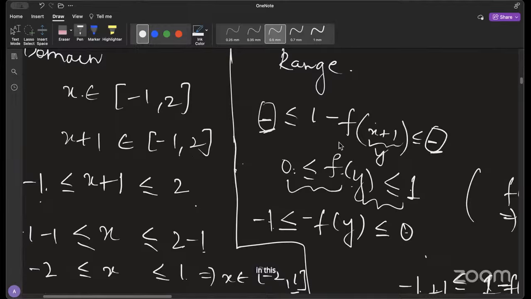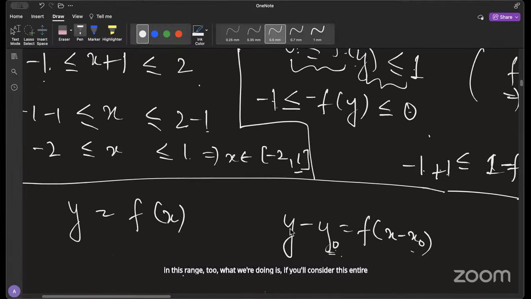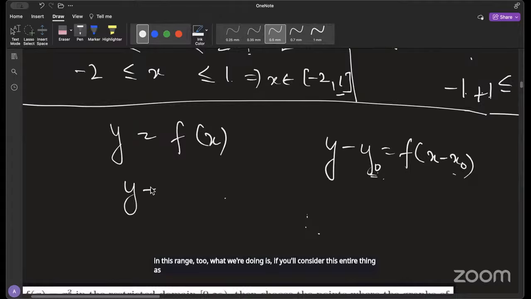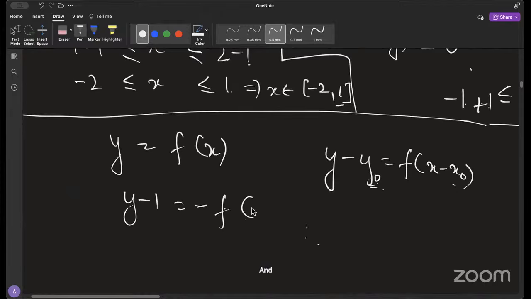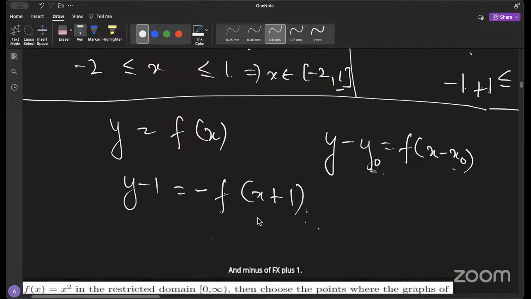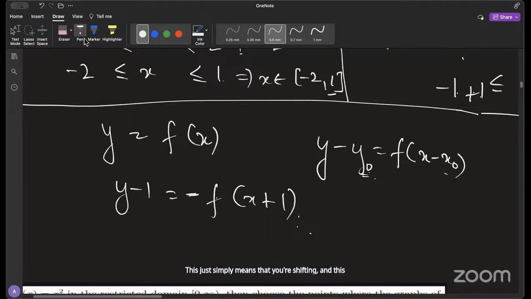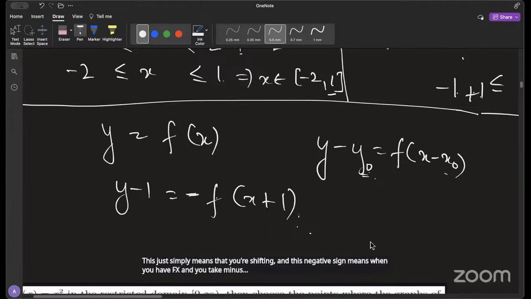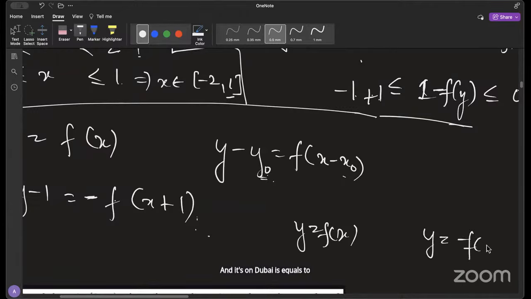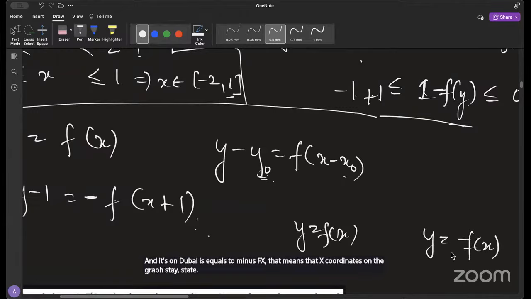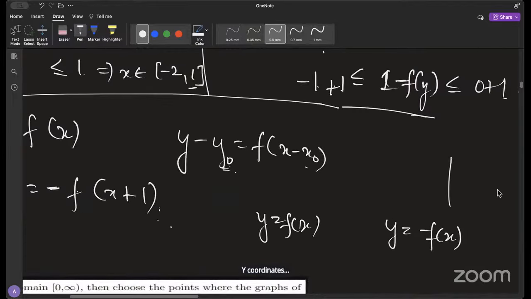In this range 2, what we're doing is, if you consider this entire thing as y plus 1 or minus 1 equals minus of f(x plus 1). This simply means that you're shifting, and this negative sign means when you have f(x) and you take minus of something, let's say you have y equals f(x) and you do y equals minus f(x), that means your x coordinates on the graph stay the same, and your y becomes negative.